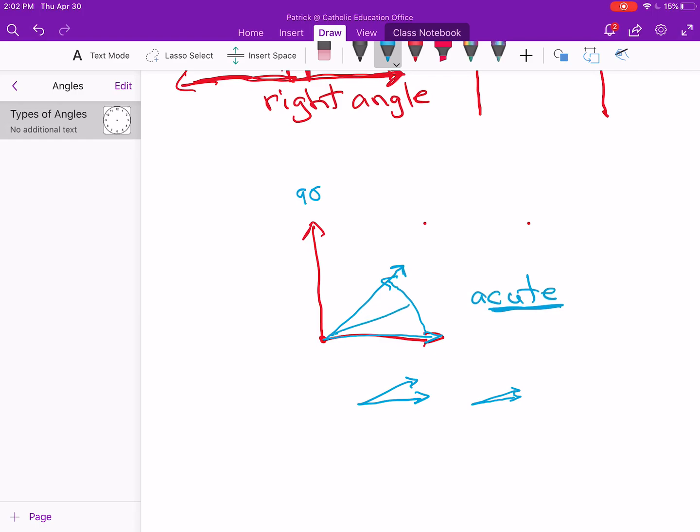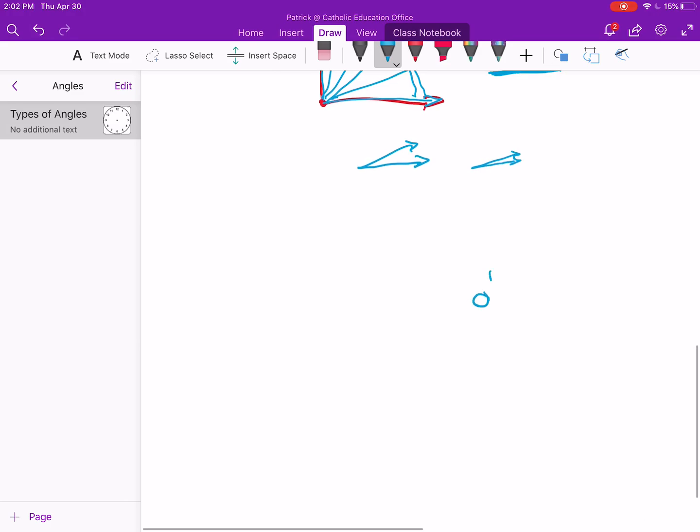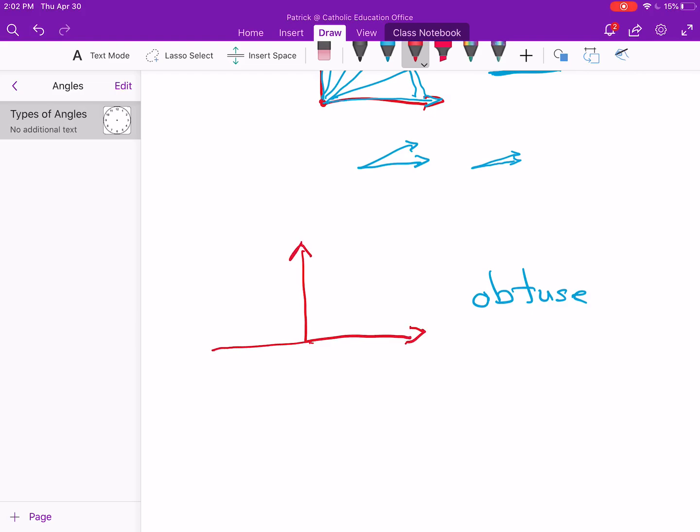So it could be in here, in here, in here, could have rotated to here, but as soon as it gets to 90, then it's a 90-degree angle, and once it turns past 90, then it turns into another angle, which is called an obtuse angle. And that's any angle, and I'm going to do this again, that is greater than 90. So we have, this is the 90-degree angle, this is 0.